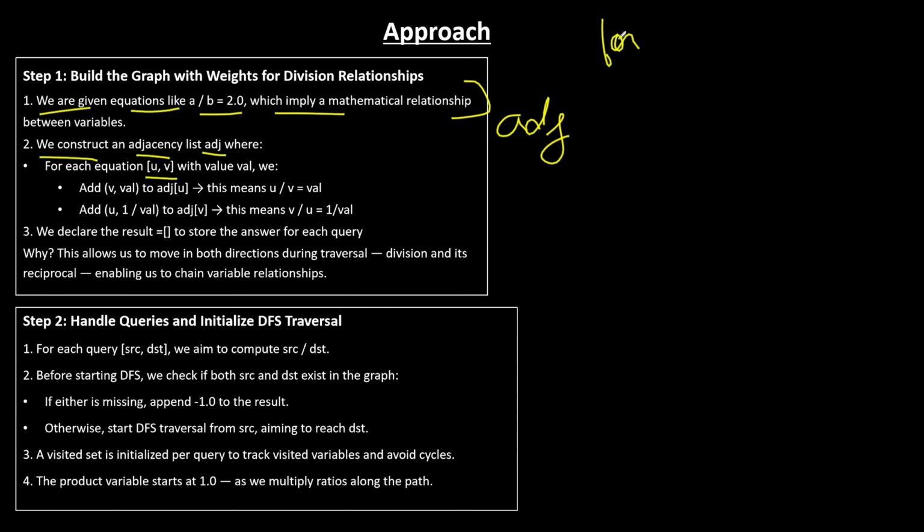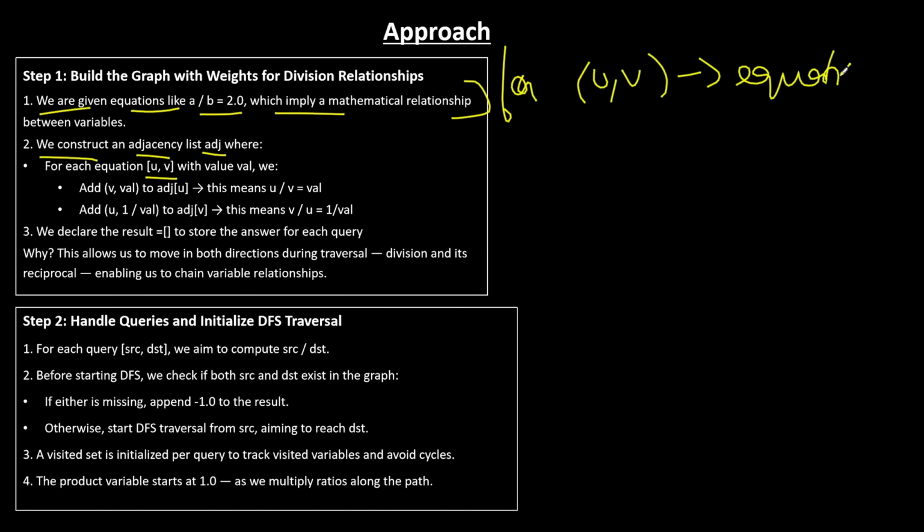What will happen is that we will run a for loop over u comma v in the given equation list. Everyone knows that u comma v will give us the values for each entry, or you could say the nested block.